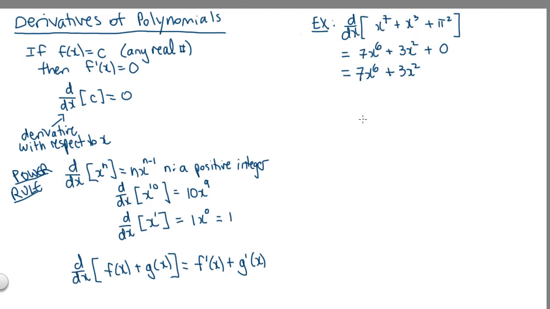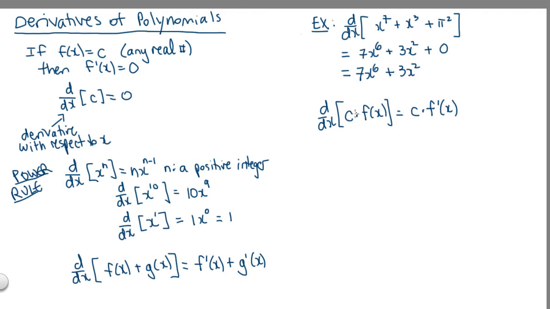Now there's just one more rule that we need to be able to take the derivative of any polynomial. We need to know how to take the derivative of something like a constant times a function. And to get the derivative of something that looks like this, we're just going to bring that constant out in front so nothing happens to the constant, and we take the derivative of our function.